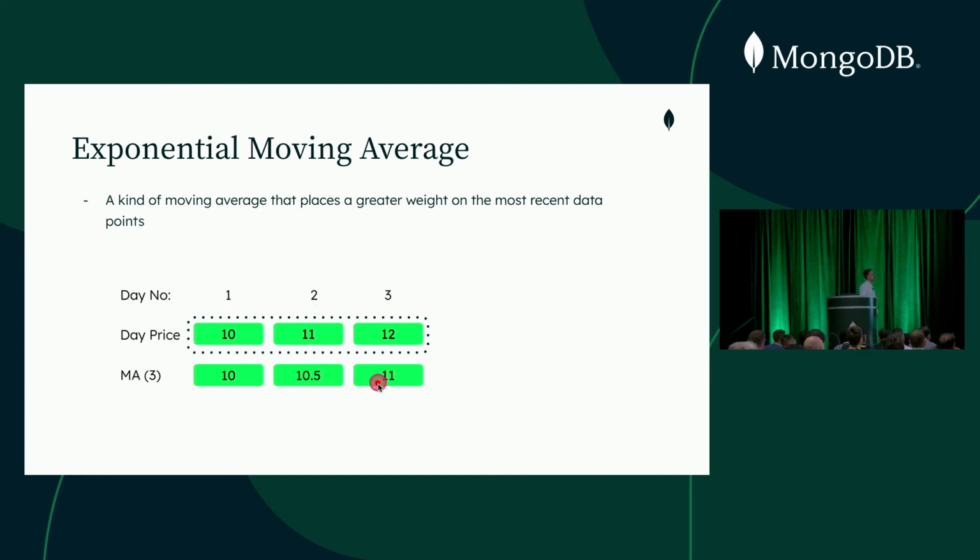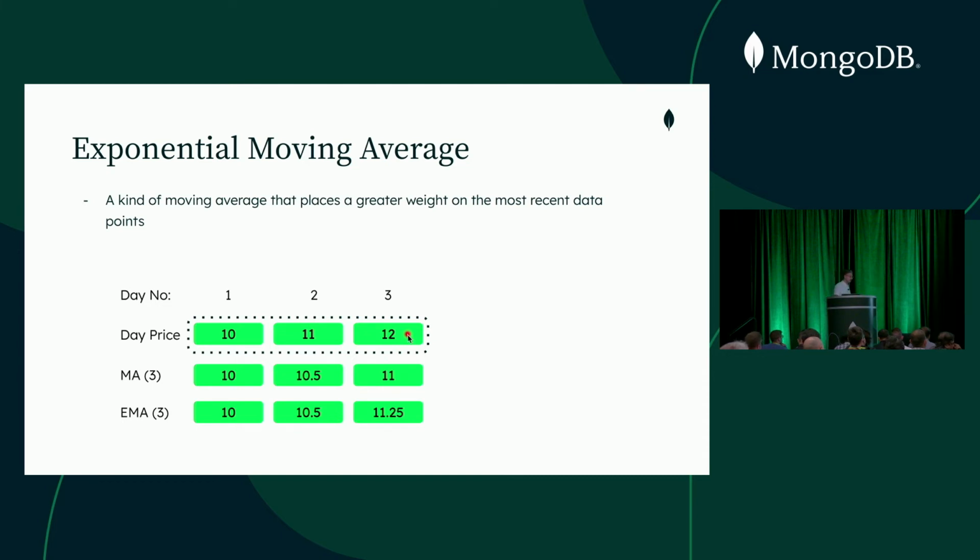So we end up having 11. Because there is no difference between day 3, day 2, they all behave equally. But for exponential moving average, recent days have more weight. Therefore, this exponential moving average is going to be closer to recent day price. So that's the difference.